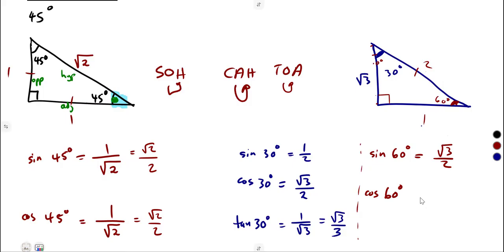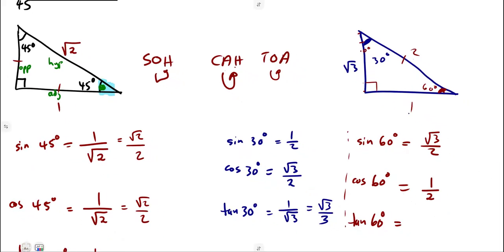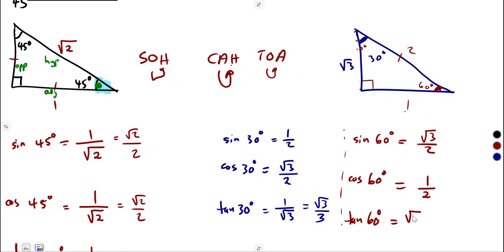So that's 1 over 2. Adjacent over hypotenuse, 1 over 2. The tan of 60 degrees can also be determined. Opposite over adjacent. According to 60, this is the opposite, your adjacent is 1. So that's square root of 3 over 1, which is going to give us the square root of 3.